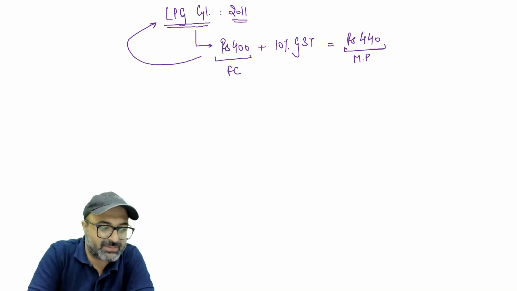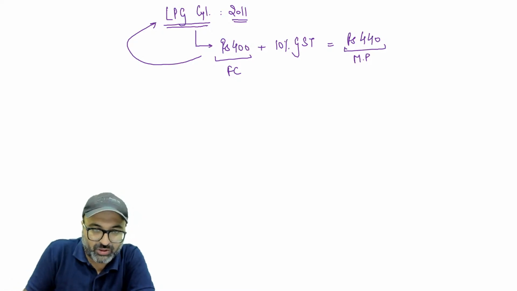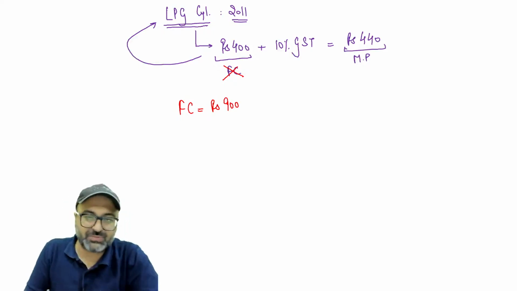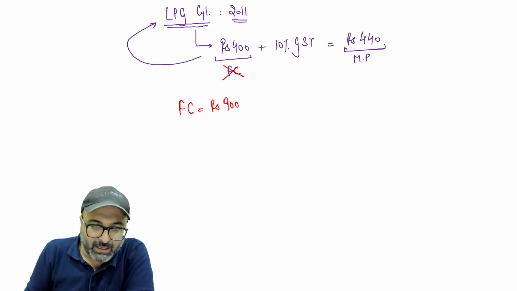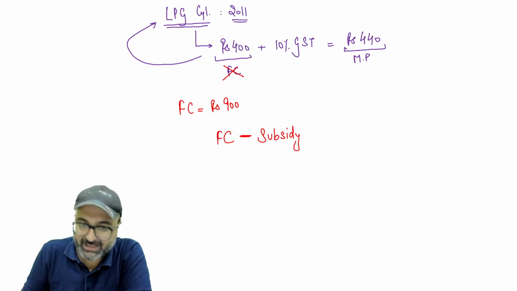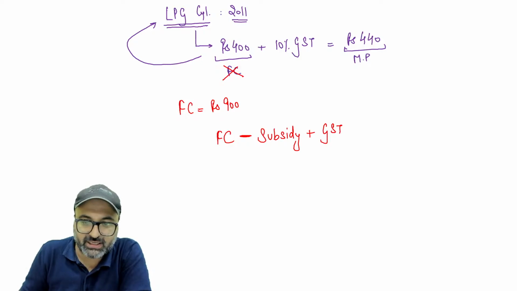He said, no sir, there is a problem. If you ask what we are receiving, we are receiving 900 rupees against each cylinder. I said, how is it possible? He said, please listen to me. We are receiving 900. Out of that 900, 500 is paid by the government. The rest amount will be charged under GST and the left out amount is paid by the consumer.